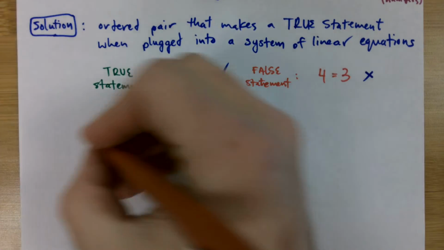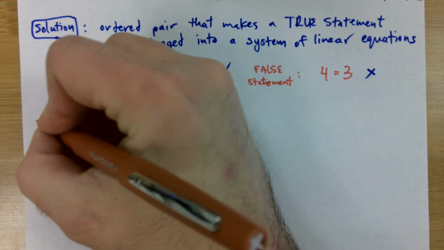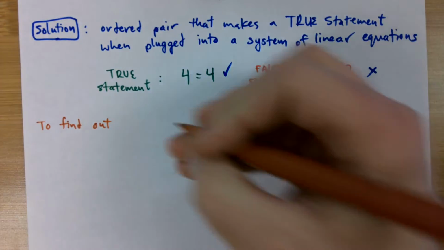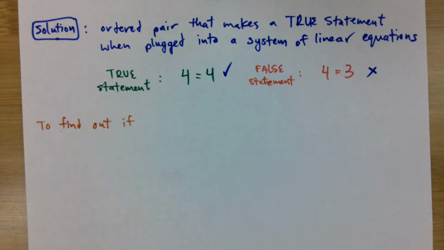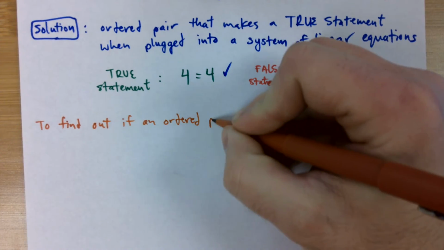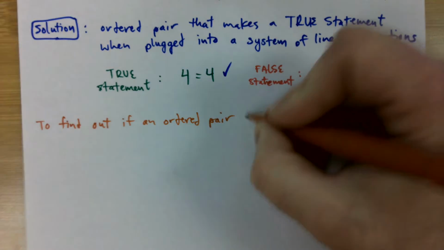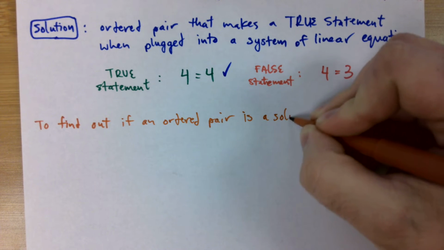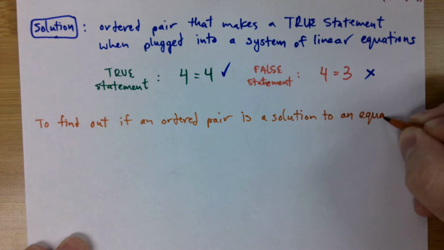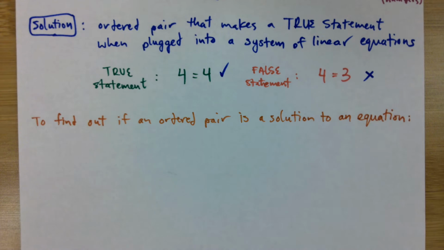All right, so let's get into the actual work here. I know we didn't talk too much about standard form, but we will once we see this example. So let's get our steps written down on how we're going to find out if an ordered pair is a solution to an equation.